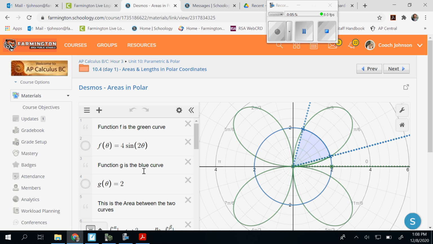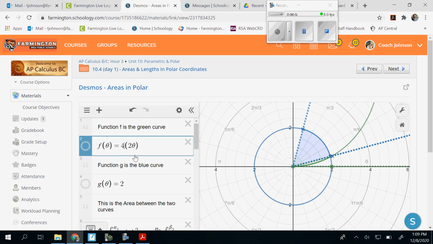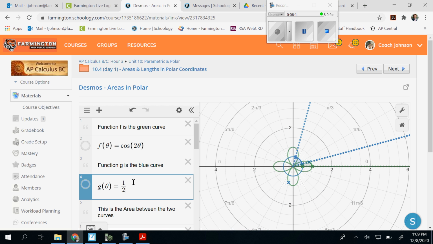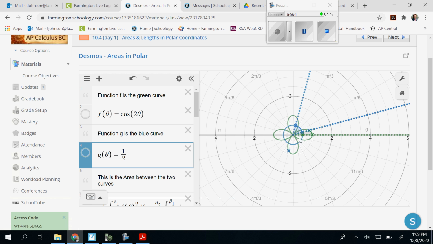So I'm going to graph these. If we change them to match ours, this is cosine, and this is 1/2. So this one shows you a similar one here. You can see that circle. So this is another way to do these ones.